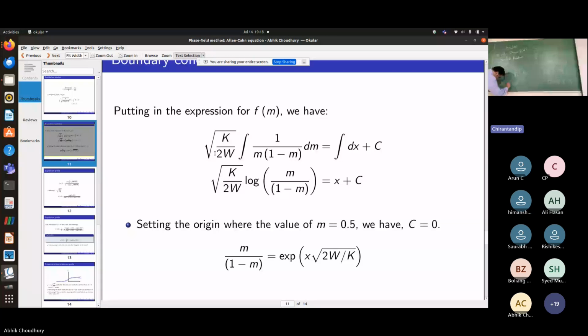See some integration context first. Is that okay? No? Yes, no? Right?